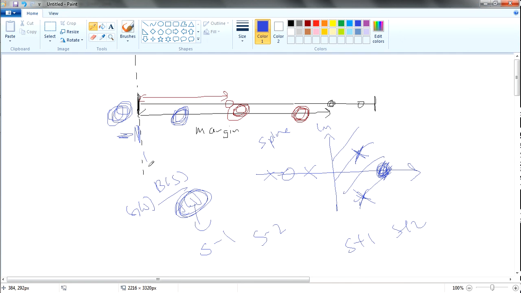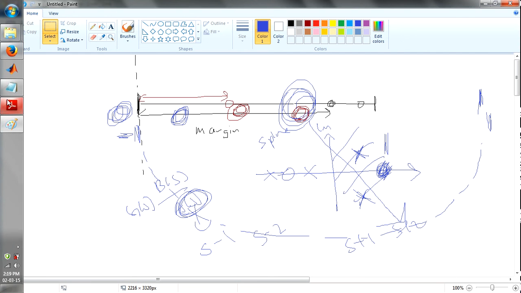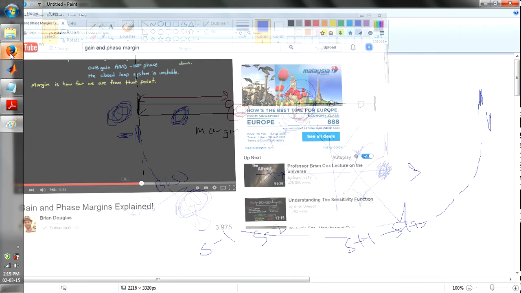I may be wrong, but let's say you have a radius 1 circle, and maybe this is the origin. Whatever system is within the radius 1 is safe. But if you cross over to this side, it is considered unsafe. I may be wrong.